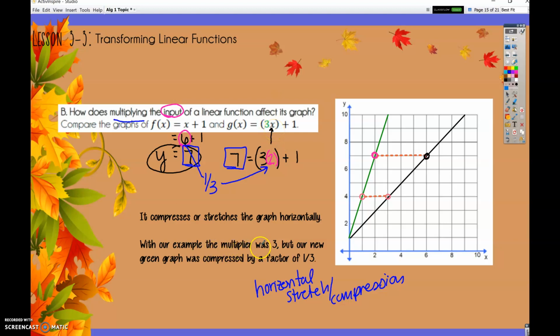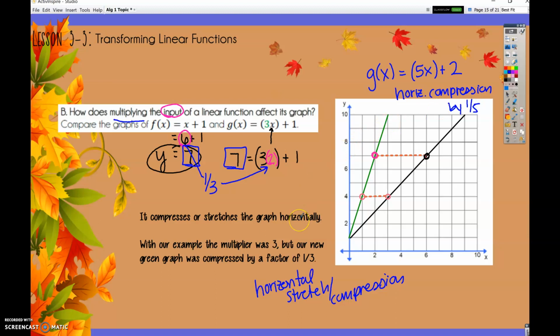In our example, our multiplier looked to be 3, but our new green graph is actually compressed by a factor of 1/3. So, if you would ever have a function in which you were asked to multiply your input by 5, you would actually be having a horizontal compression by 1/5.